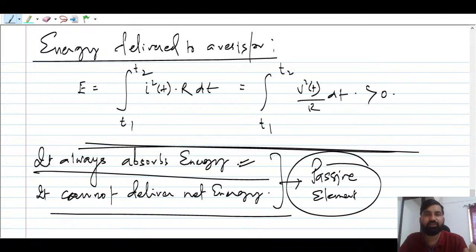If something absorbs power, that is going to be the passive element. And if some element is delivering power, or exciting the circuit, that is going to be an active element. So based on the IV characteristic, you can talk about that.